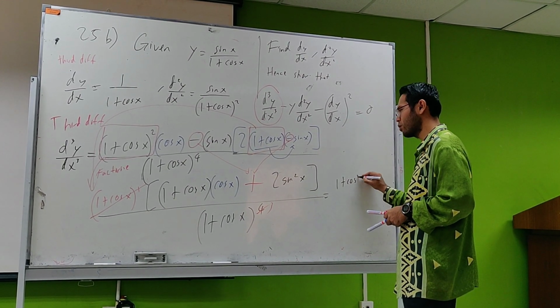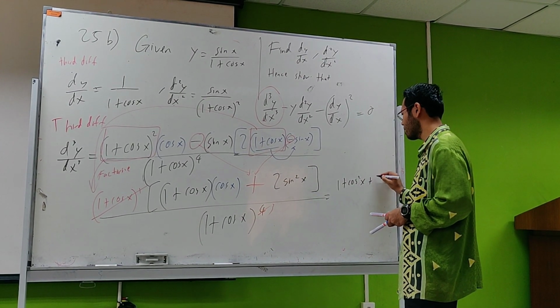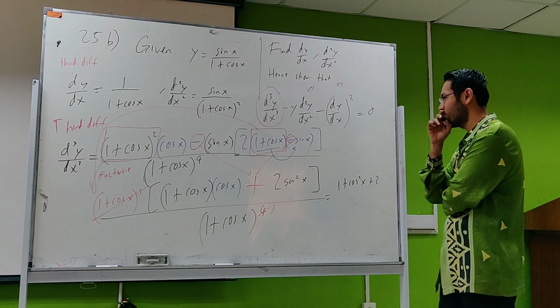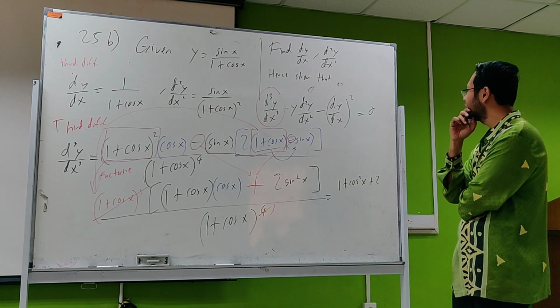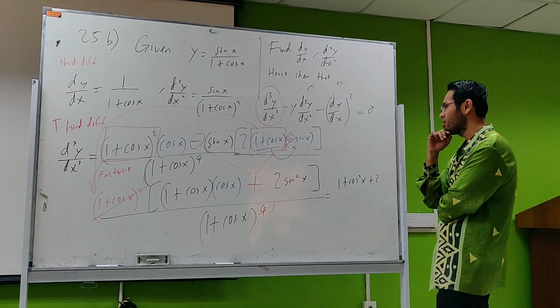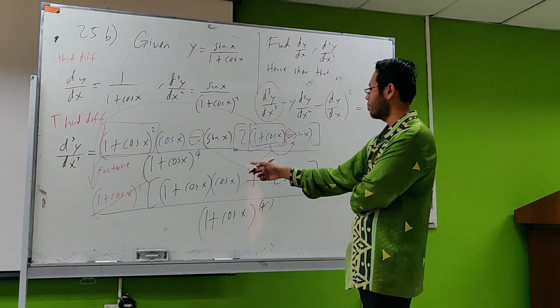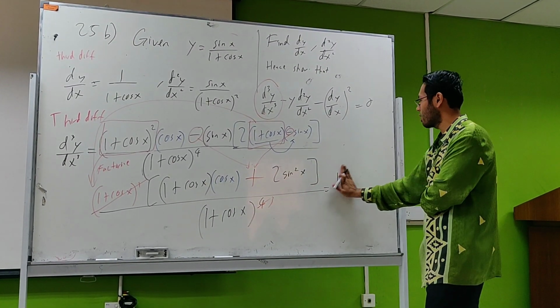Plus cos squared x plus 2 cos x minus... do we got 2? No. Okay, sorry, we were wrong.